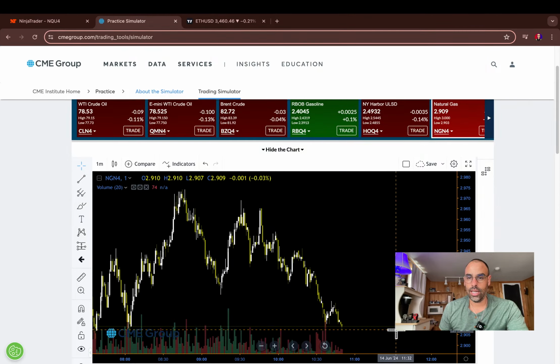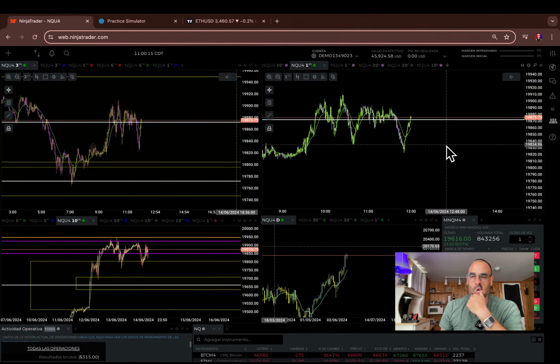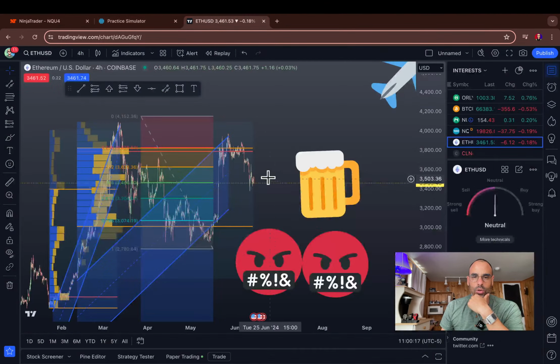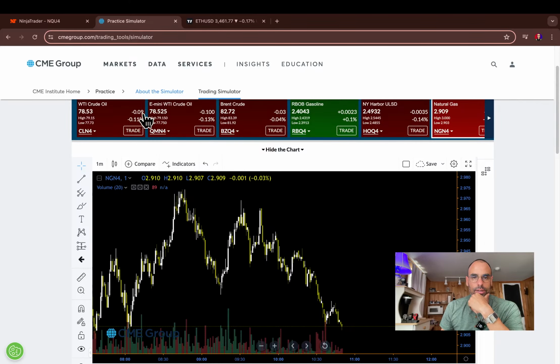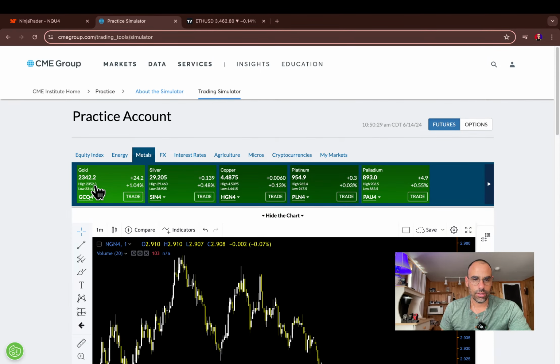Ooh, look at gas. Gas has been not too friendly to me. The friendliest one has been the crude oil, the Brent oil. Gasoline has been pretty good. This one, not so much. Natural gas, kind of 50-50. When it came to metal, silver was kicking my ass.